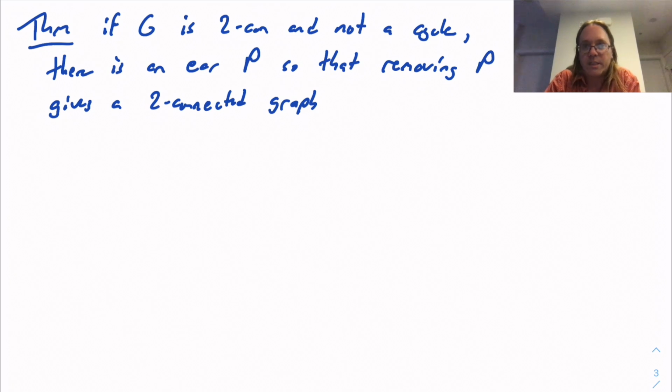I'm just advertising it as a tool, and this is a thing that we love, right? You have a class of graphs you want to prove something for. If you have an operation that takes something in that class and gives you a smaller thing in the same class, you can really be off to the races with some of these inductive proofs. Right. So let me draw a graph and talk about removing some ears.